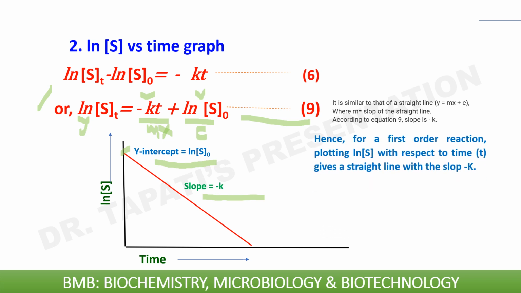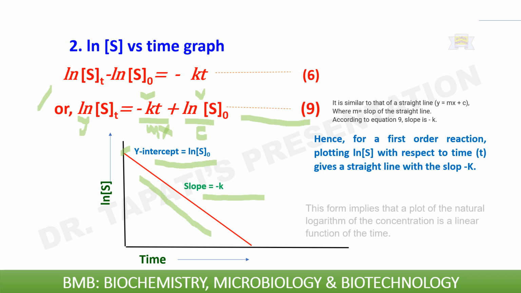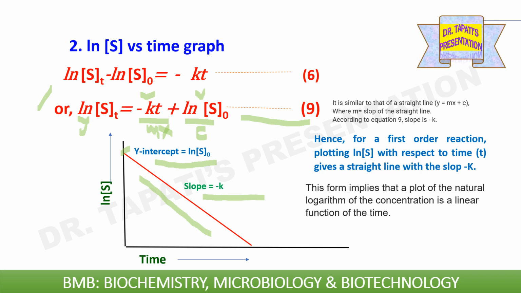Hence, for a first order reaction, plotting ln S with respect to time gives a straight line with the slope minus k. This form implies that a plot of the natural logarithm of the concentration is a linear function of the time.